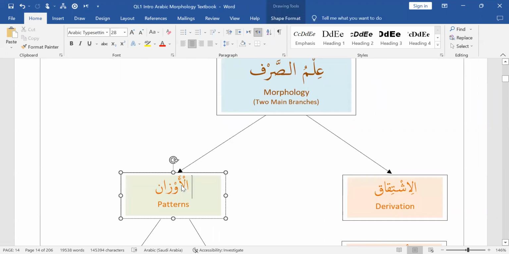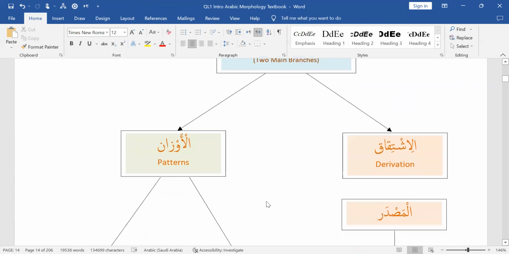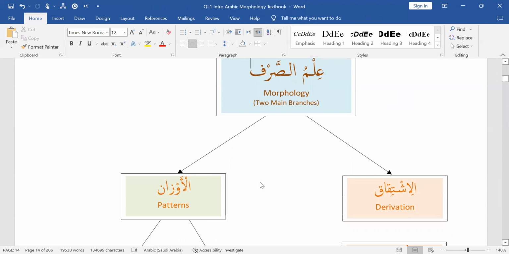We looked at the patterns. You should be familiar with the patterns of Form 1, Form 2, Form 3, Form 4, the fa'ala and af'ala. We spent some time looking at those patterns in Book 1 of Easy Introduction to Arabic. But that was not all. That was just a very basic introduction. In this book, we will dive deep into the world of Arabic patterns. Let's look at this left leg, the left branch first.